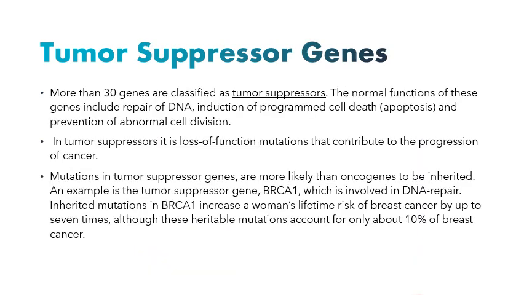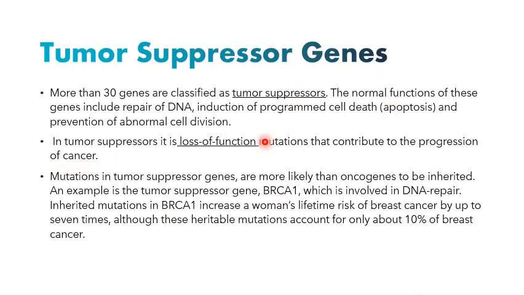We have more than 30 genes that are classified as tumor suppressors, and as we said, their normal function is to send the cell for programmed cell death, or they will repair the DNA, and that will prevent abnormal cell division. If there is a loss of this function, then this will cause the cancer.